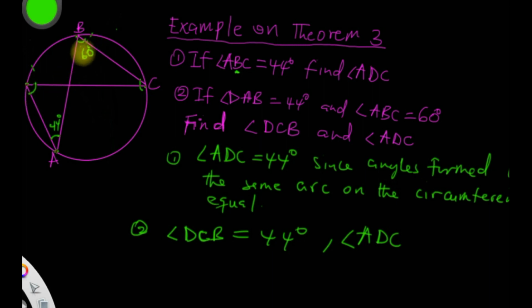Since this same arc AC forms angle ADC, angle ABC must be equal to angle ADC. So angle ADC must also be equal to 60 degrees.